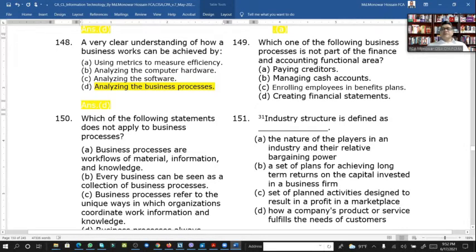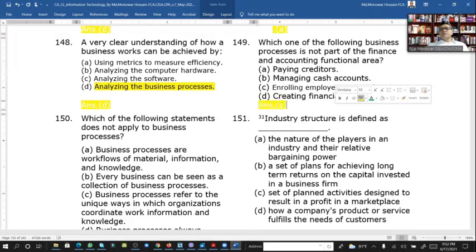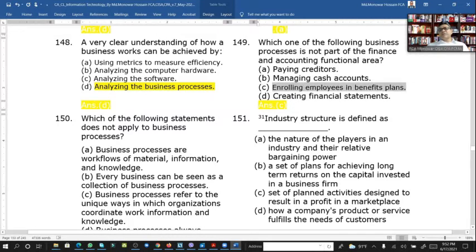There are 4 items, 3 include accounts and finance. So C, enrolling employees in a benefit plan, is not part of that. But paying credit is part of finance, managing cash accounts is part of finance, creating financial statements is part of finance and accounts. So enrolling is an action that would come later on.